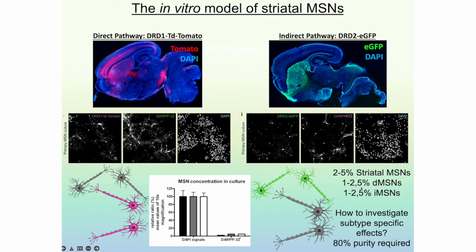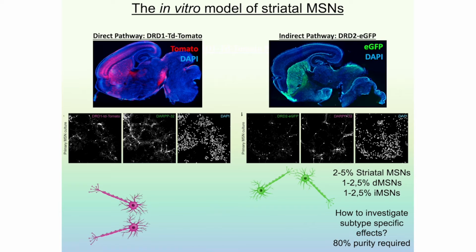So the concentration is very low, and the problem is how will you investigate subtype specific effects with such a low amount of neurons. So our aim was to increase the concentration of not only all medium spiny neurons, but specifically subtype specific medium spiny neurons to approximately 80%.